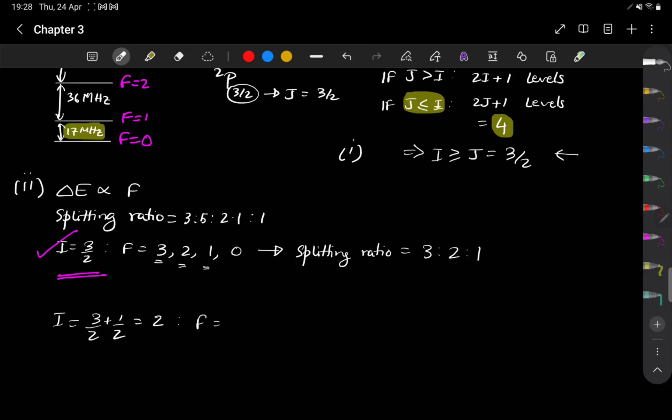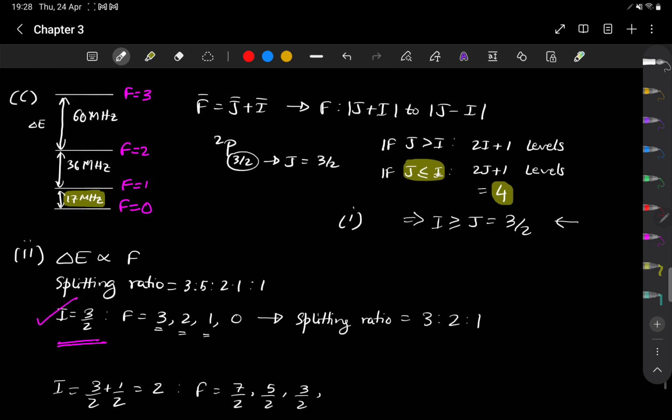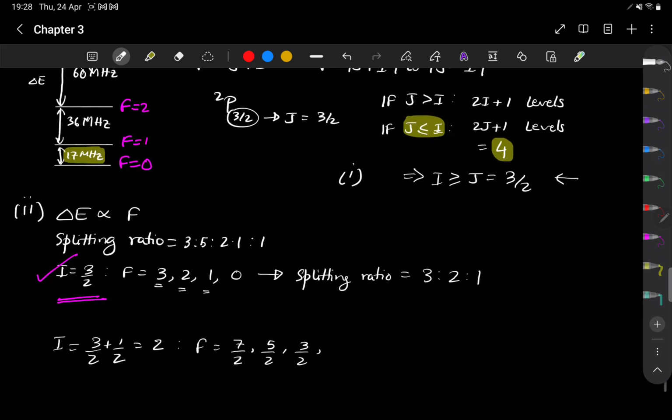So 3 by 2 plus 2, that is 7 by 2, and then in step size of 1, 5 by 2, 3 by 2, and finally J minus I, 3 by 2 minus 2, which in mod is half.